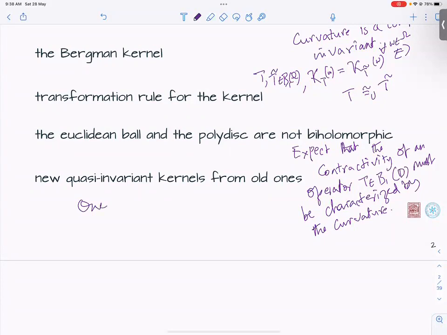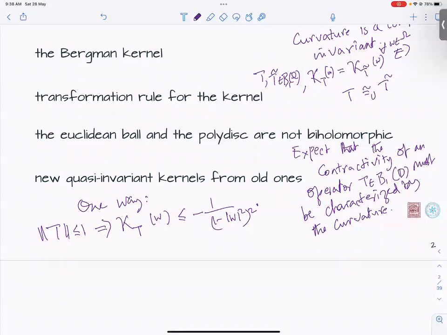One way we have seen that if T is a contraction, then this implies that the curvature of T at omega is lesser or equal to this quantity. But what about the converse?